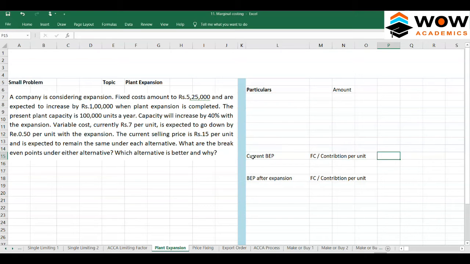I think we'll work out the numbers here itself, current and after.